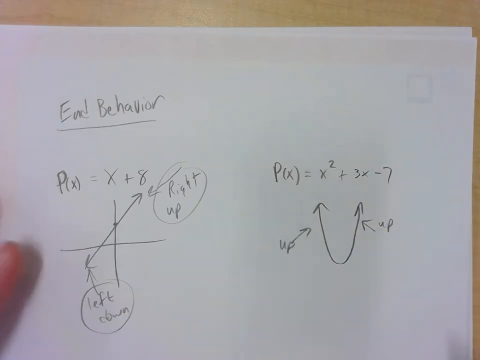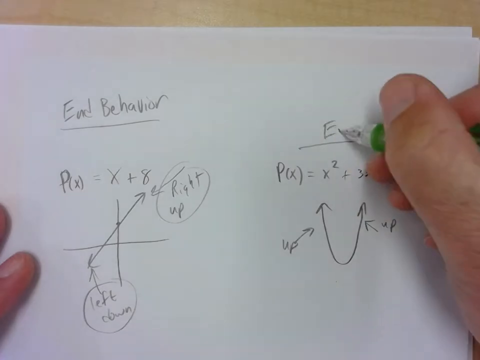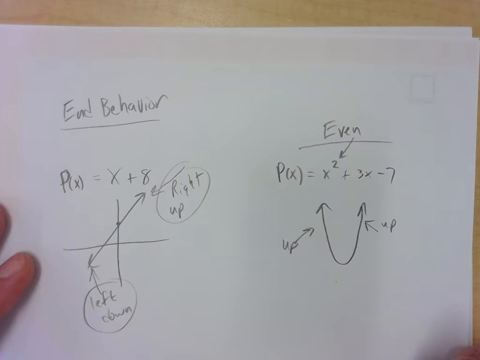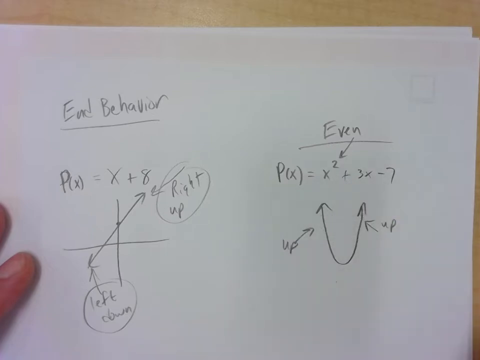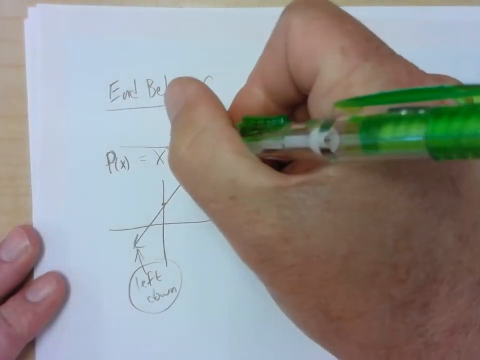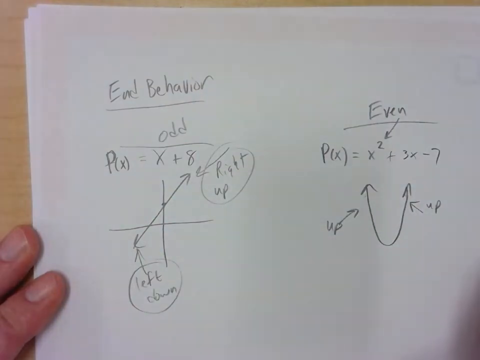And this pattern keeps going for all different functions. If your leading power is even, the two sides match. If the leading power is odd, then the two sides are opposite of each other.